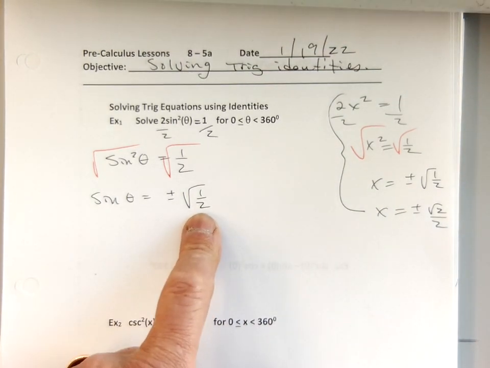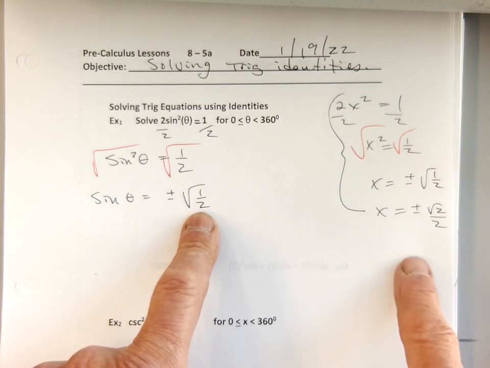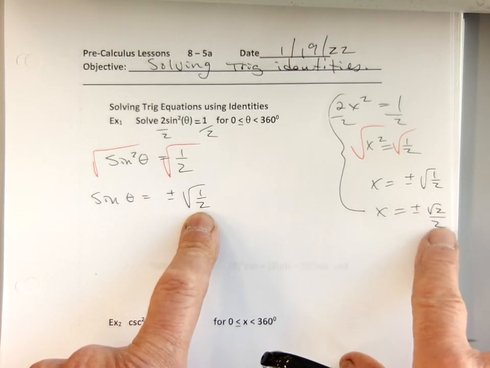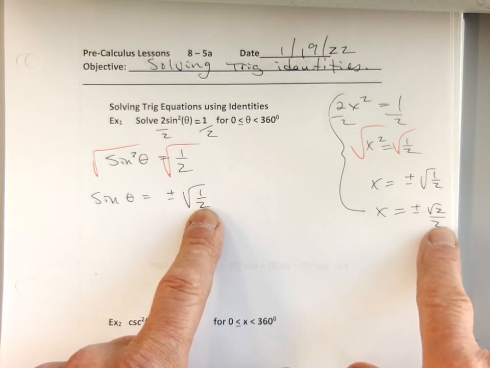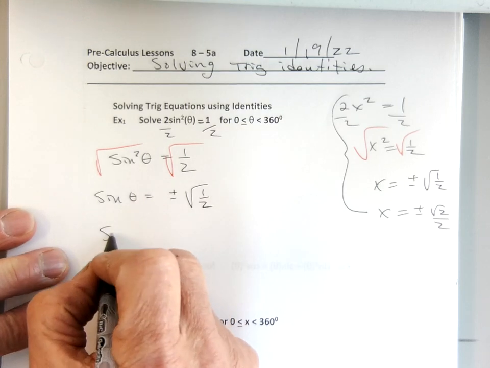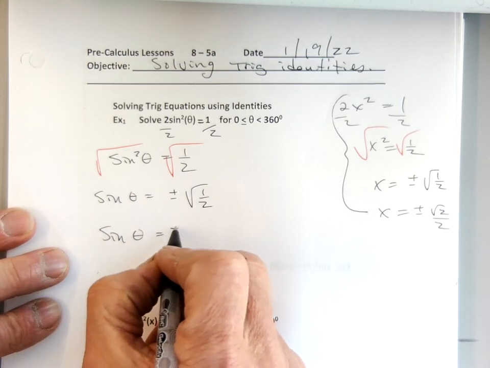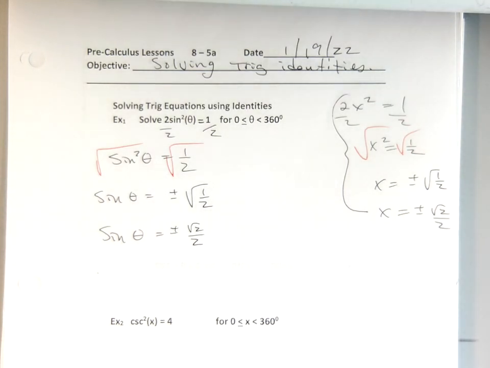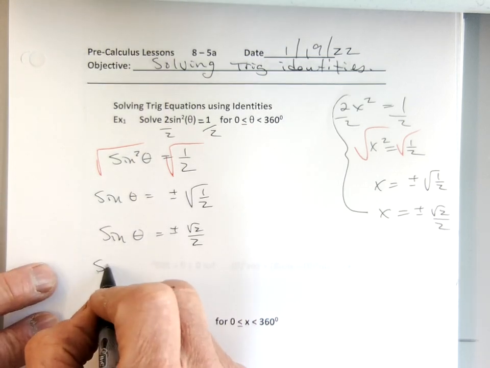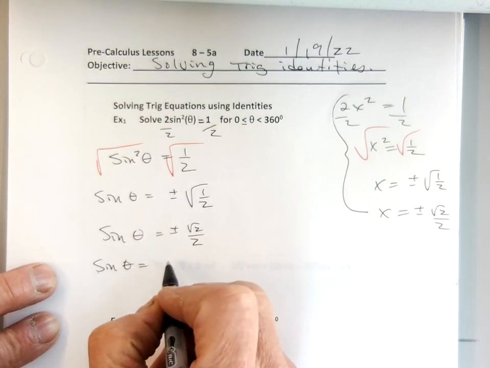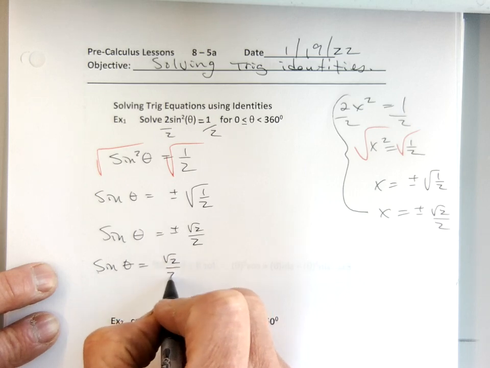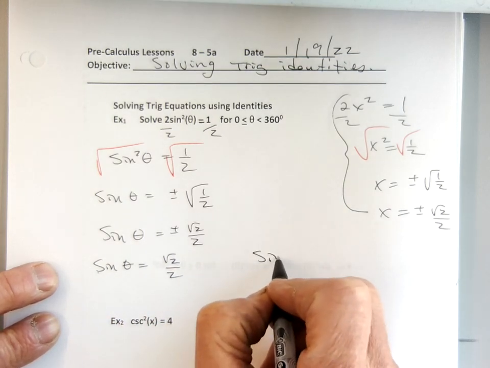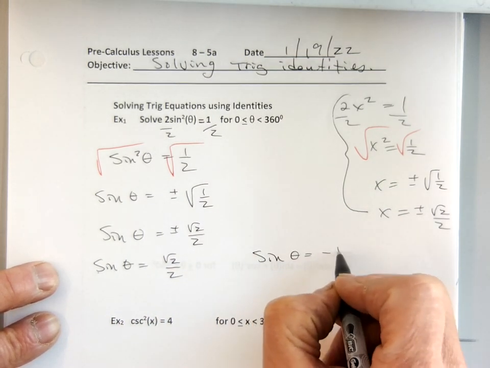Square root of 1/2 can be rationalized into square root of 2 over 2, so I'm going to rewrite this as sine of theta equals plus or minus the square root of 2 over 2. That's two answers, so I'm going to write it as two equations: sine of theta equals positive square root of 2 over 2, and sine of theta equals negative square root of 2 over 2.